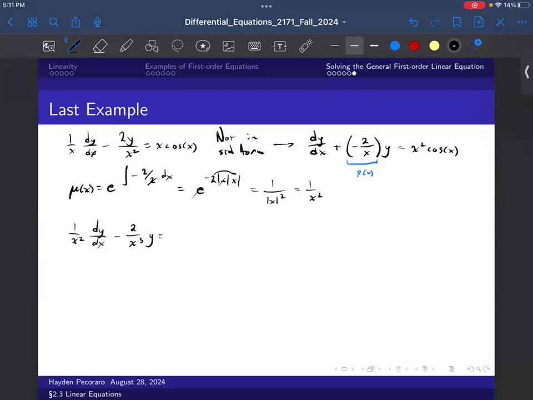The x squared cancels out, and so I don't need to do integration by parts. Whew. All right, so if this is mu and this is mu prime, I get to write d dx of mu times y.